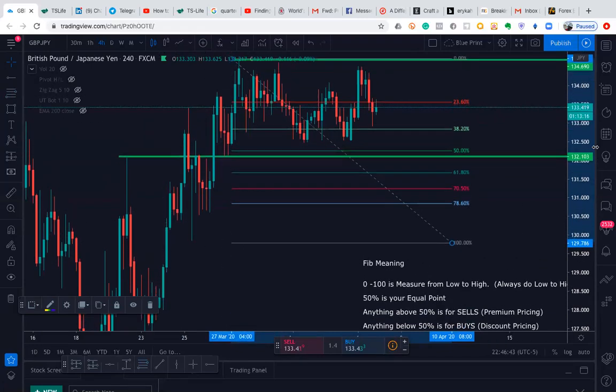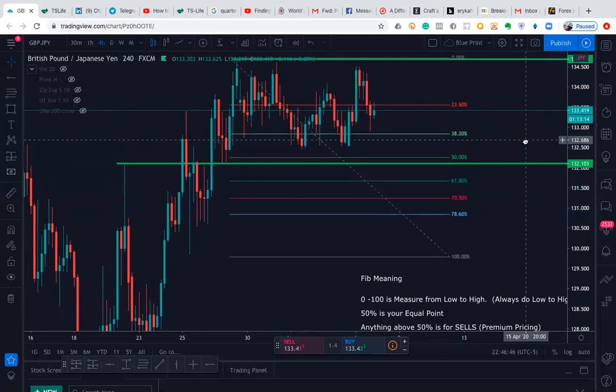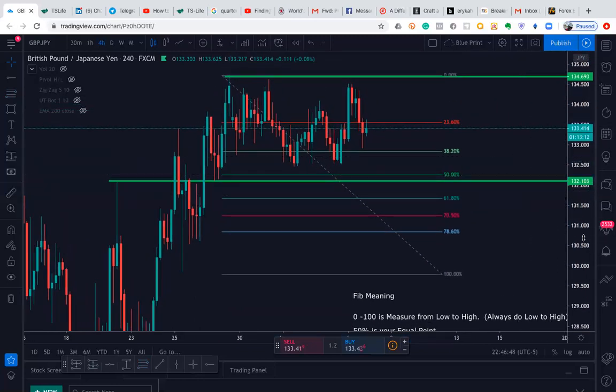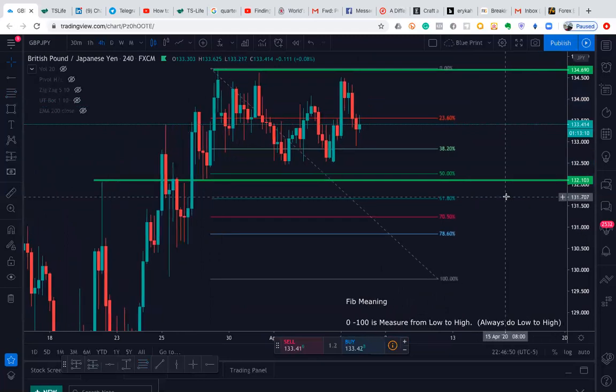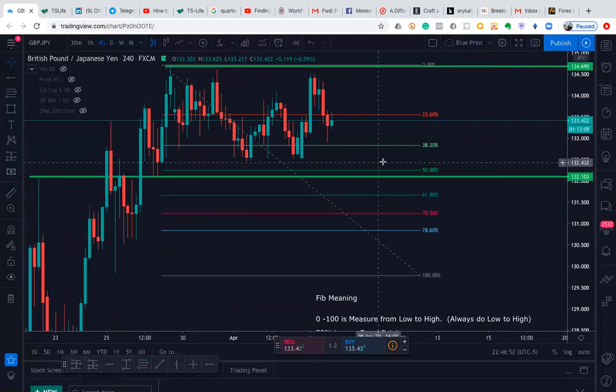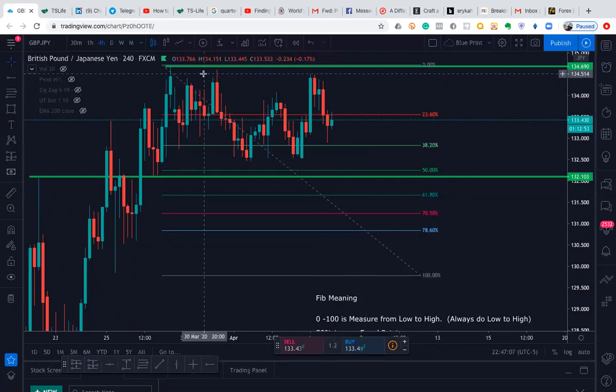Then what you want to do is open this up so you can see. Okay, so 50% is your equal. When price is bouncing off of the 23%, the 38%, those represent sales.